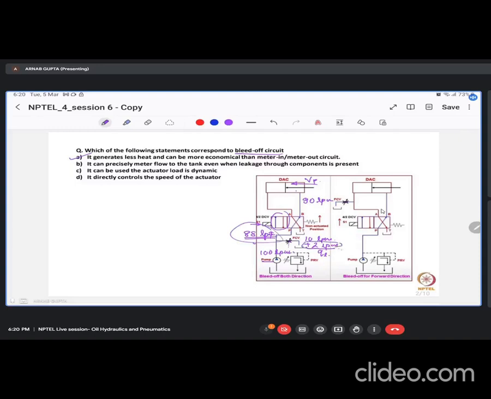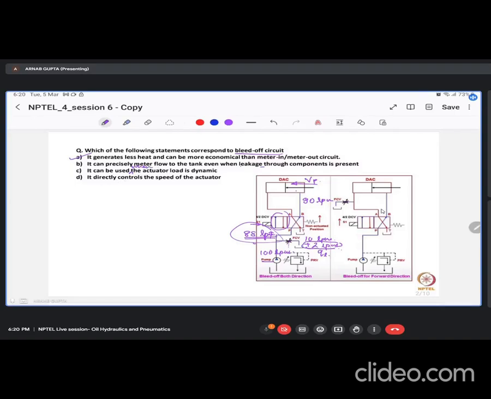So you can understand that this is not precise due to this leakage. So option B asks it can precisely meter flow to the tank even when leakage through the components is present. This is not correct. It is not precise.